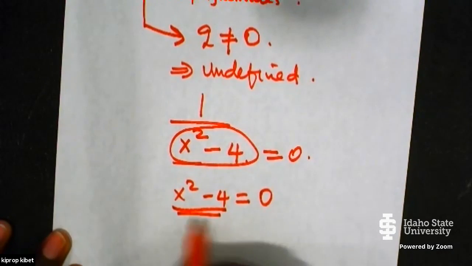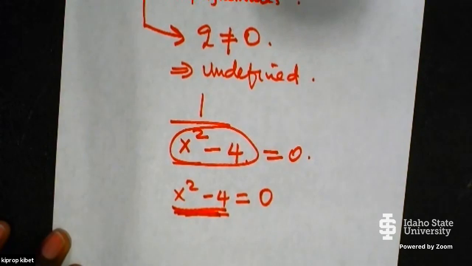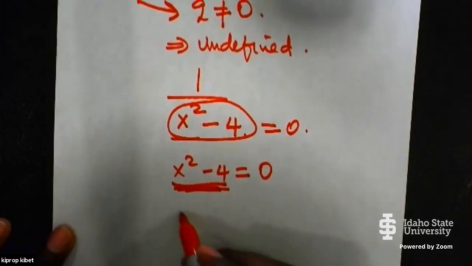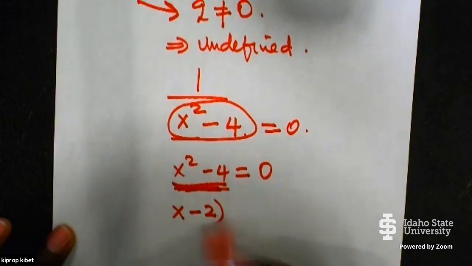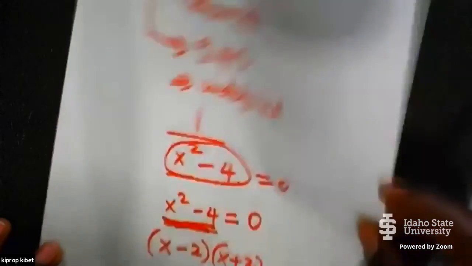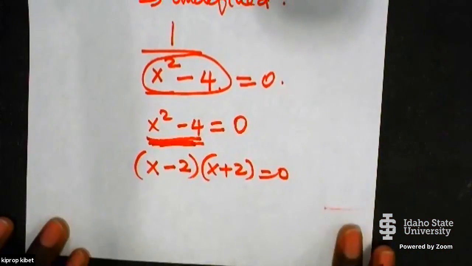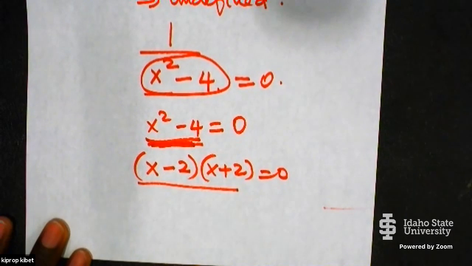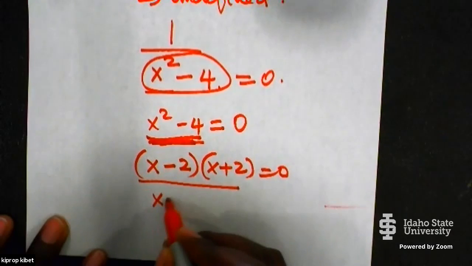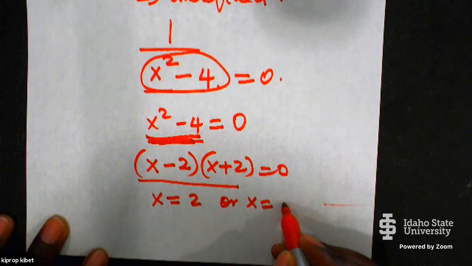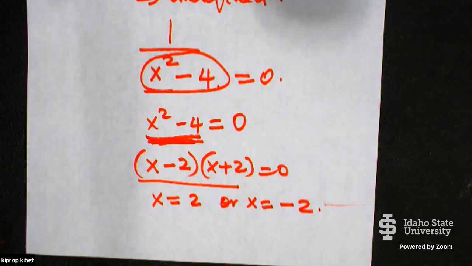So what is this? Difference of 2 squares. So what we get here is x minus 2 times x plus 2 equals 0. Then using the zero product property, x equals 2 or x equals minus 2.